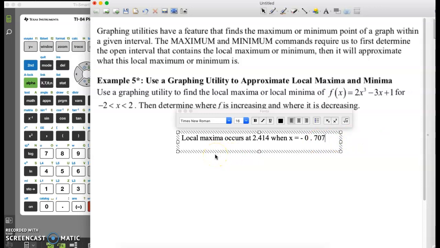So local maxima occurs at 2.414. That is the maxima. It is the value of 2.414 when x equals negative 0.707.